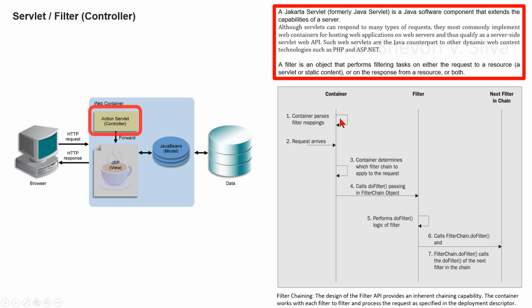Step 1, the container passes the filter mapping. Step 2, the request arrives, and step 3, the container determines which filter chain to apply to the request, and 4, calls doFilter, passing in the filter chain object. 5, perform the doFilter logic of the filter. 6, call the filterChain.doFilter, and filterChain.doFilter calls the doFilter of the next filter in the chain.